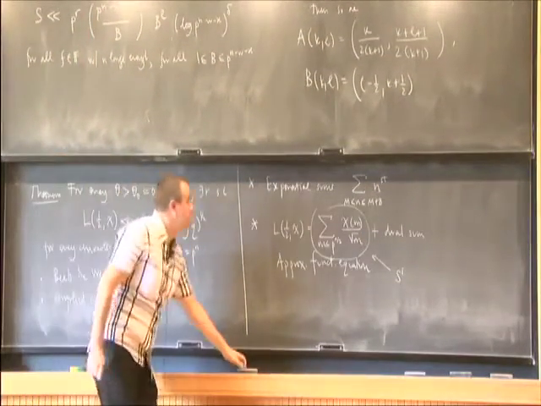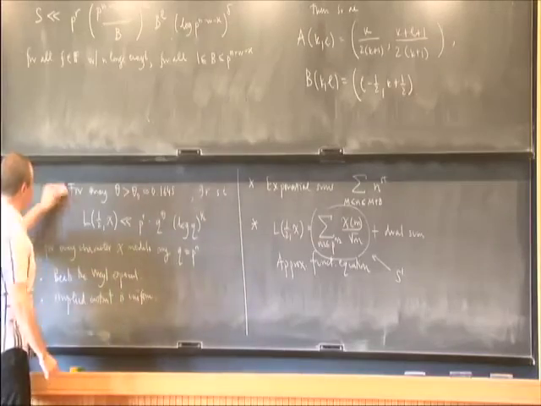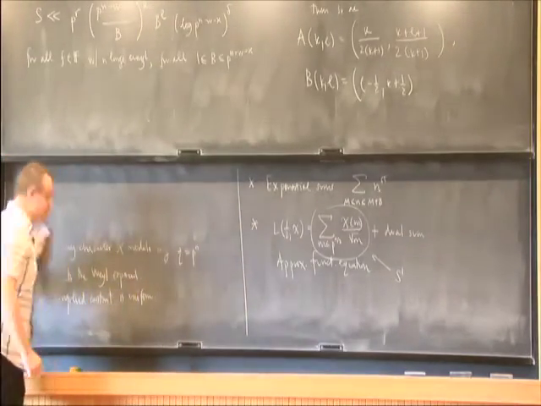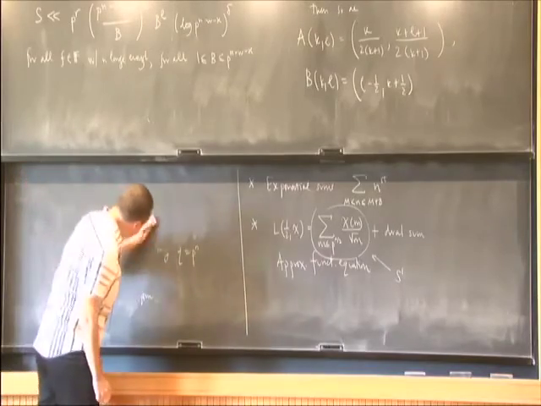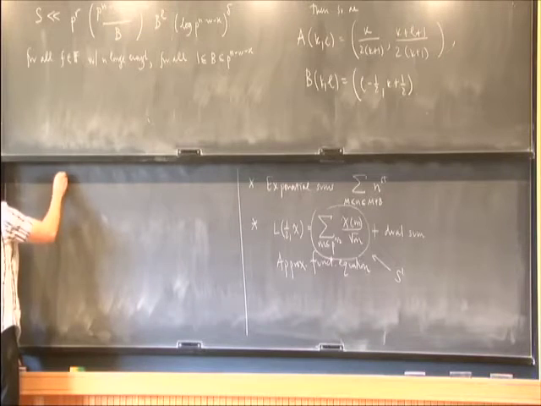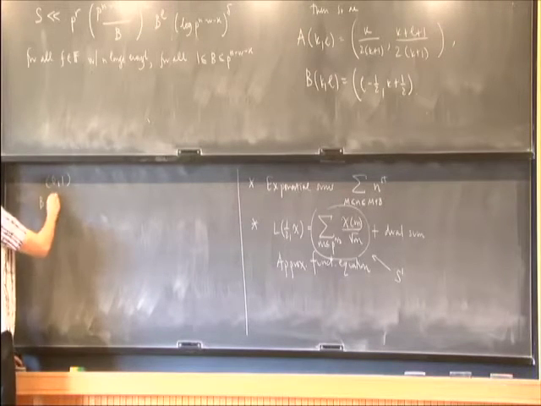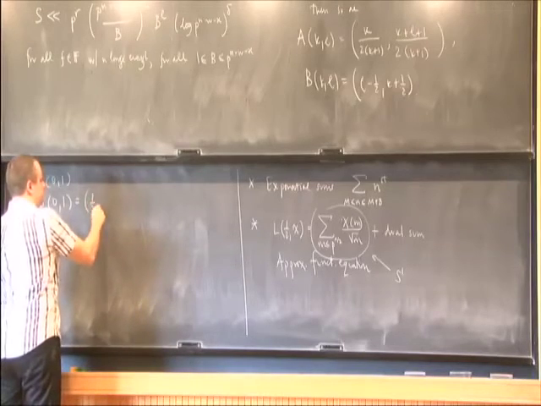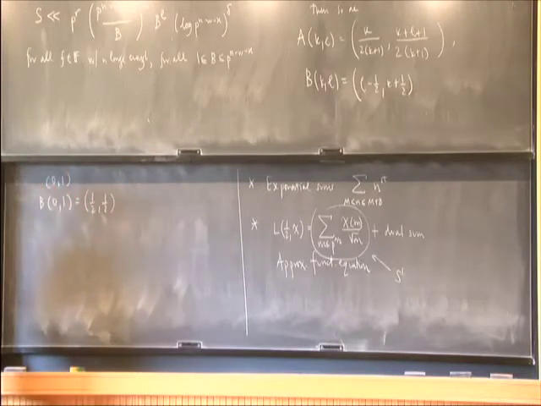Okay, so let's get some feeling for these processes. If you take this trivial exponent pair, 0, 1, and you apply the B process, you're going to get half-half. Let's try to understand what this is.